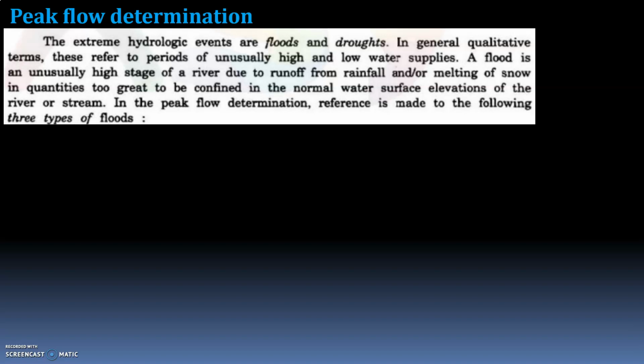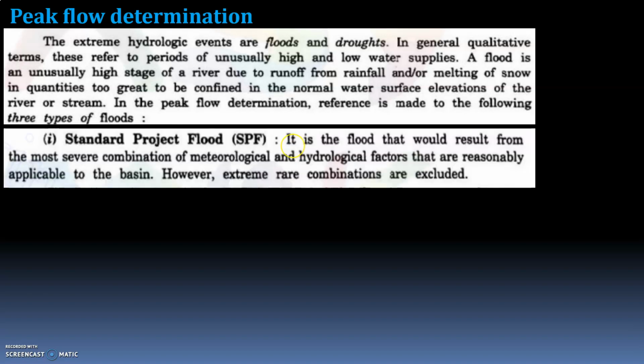A flood is an unusually high stage of a river due to runoff from rainfall or melting of snow in quantities too great to be confined in the normal water surface elevations of the river or stream. In the peak flow determination, reference is made to the following three types of floods.